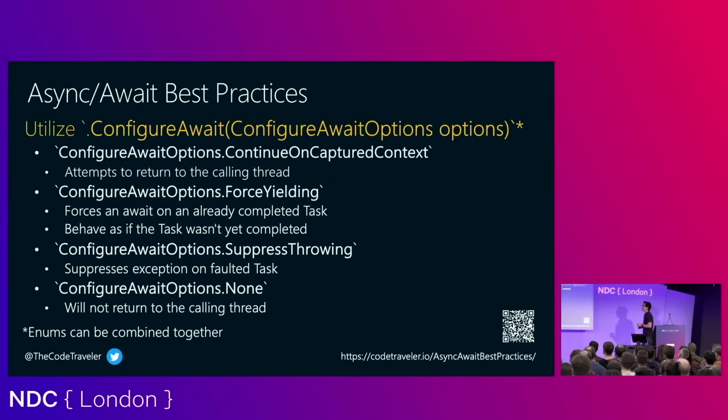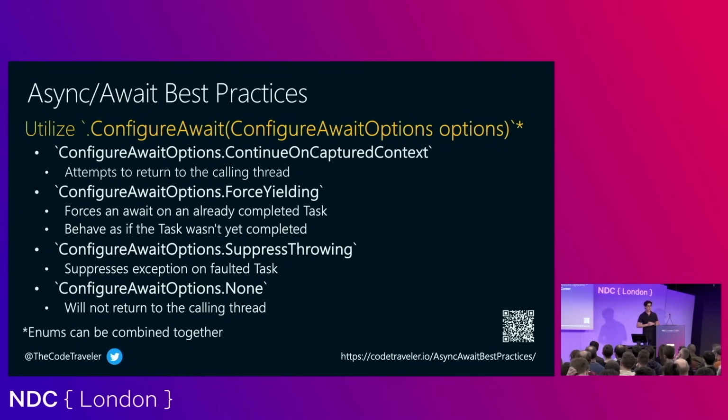Now, there's also a ConfigureAwaitOptions option. So again, new in .NET 8, we can use this enum. It's a flag. We can chain them together. And just keep in mind, the weird caveat is that None is the same as ConfigureAwait(false), meaning it will not return to the calling thread. It's going to be a little weird to get used to that, but by the time .NET 15 rolls around, we'll be masters. We'll know these like the back of our hand. But the other options are ContinueOnCapturedContext.